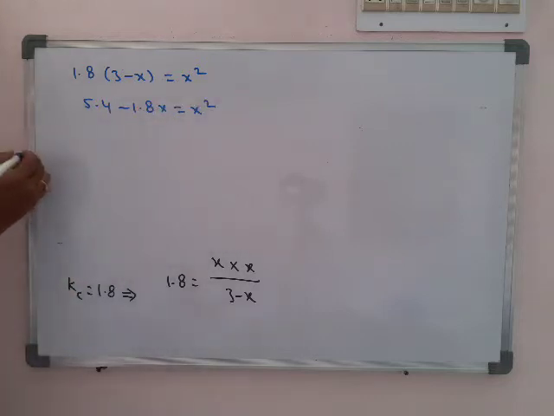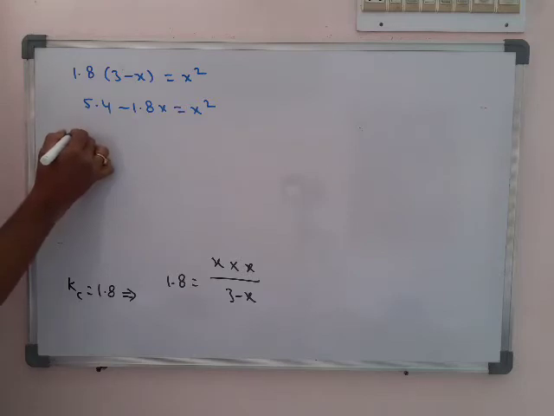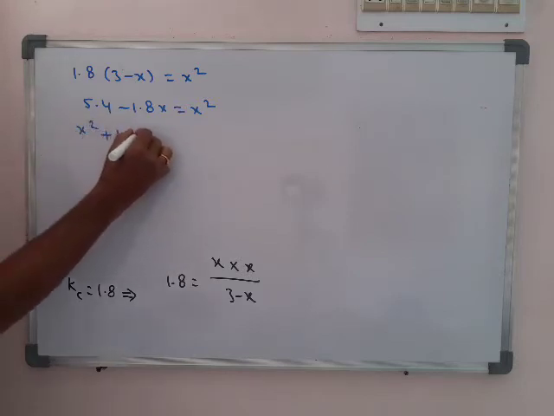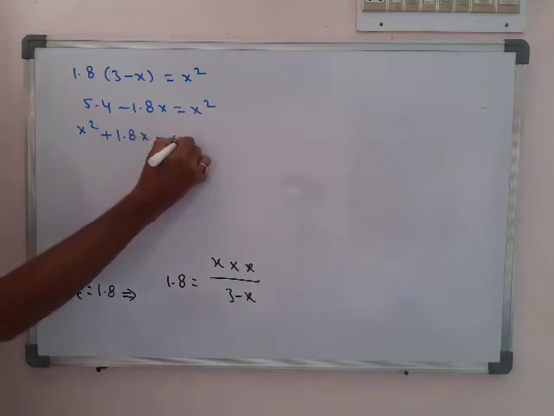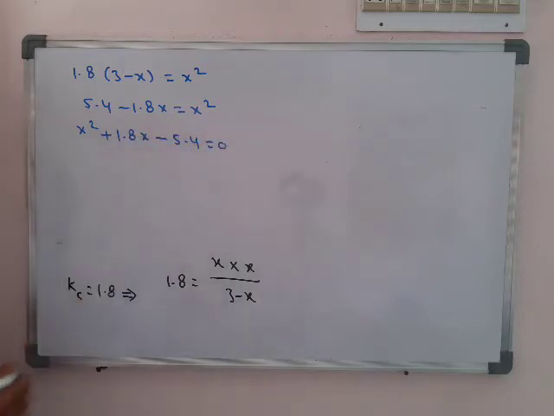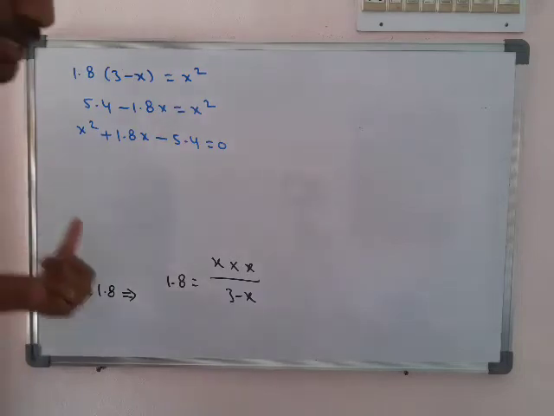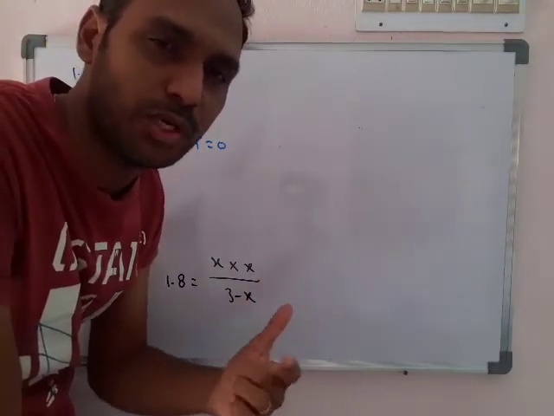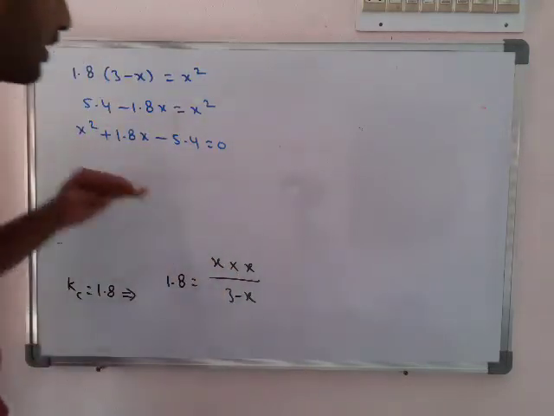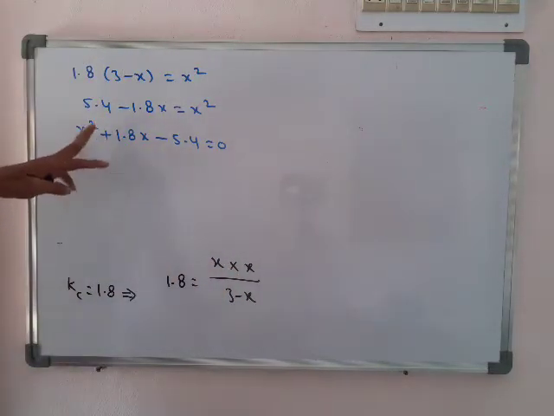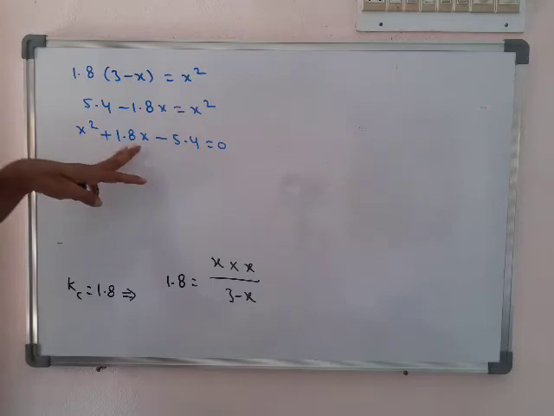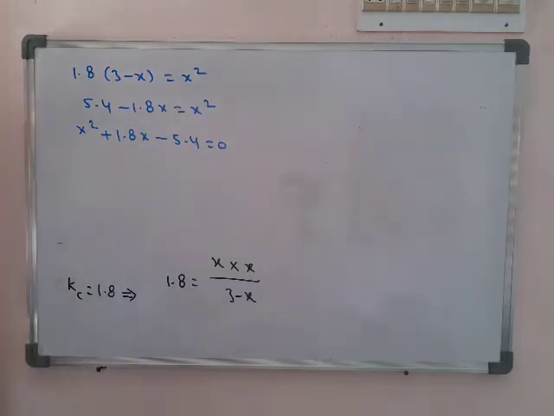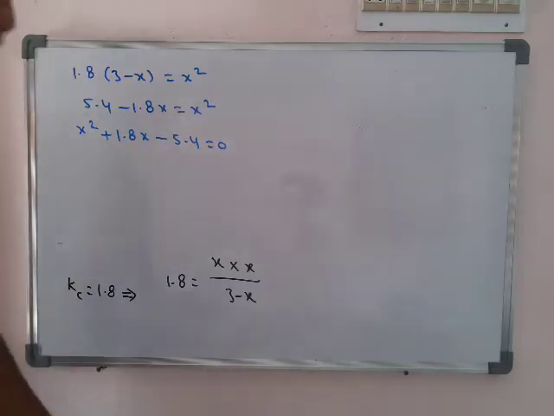So this equation can be written as x square plus 1.8x minus 5.4 equals 0. So actually we have to find x. In the previous problem the x's cancelled, so directly you got the x value. But here we got an equation: x square plus 1.8x minus 5.4. So we have to find x.